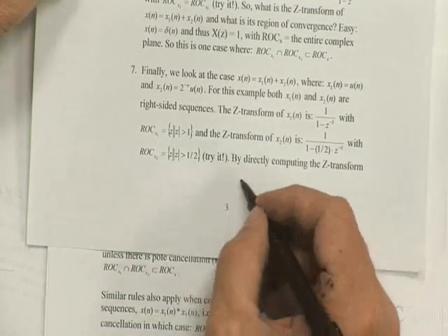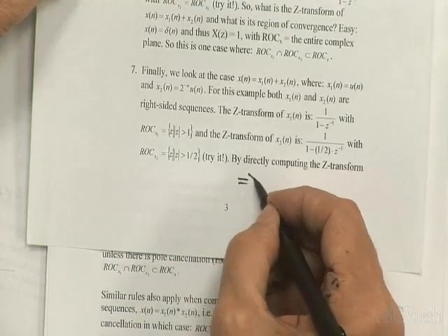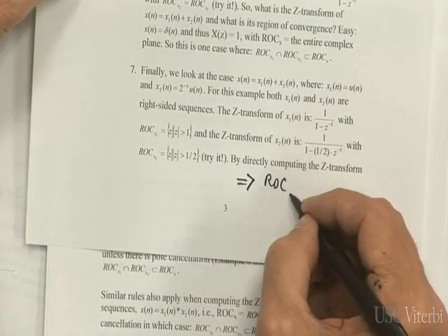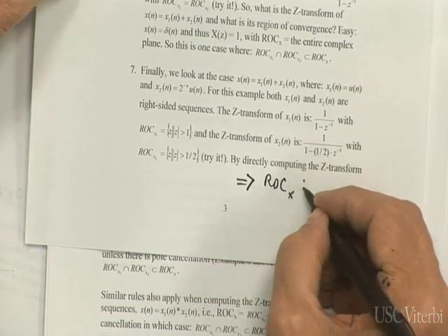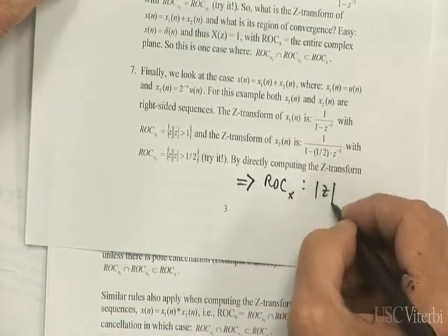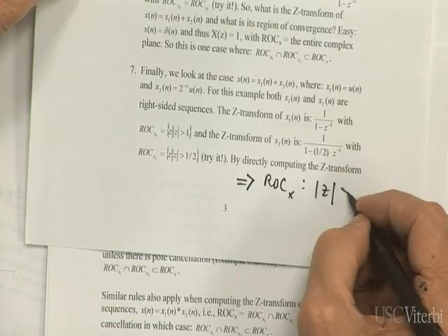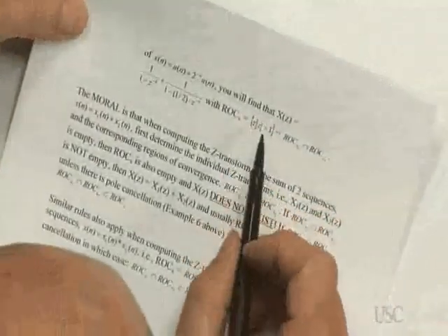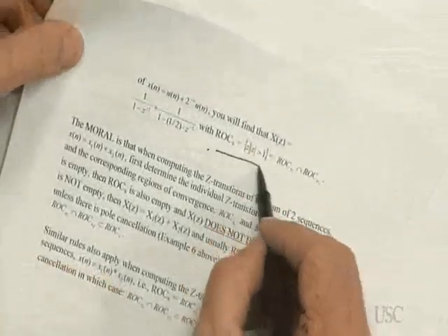And so that implies that the ROC of the sum must be the set of z greater than 1. That's the intersection of the two regions of convergence. Yes, the ROC is the set of all z greater than 1 for this example.